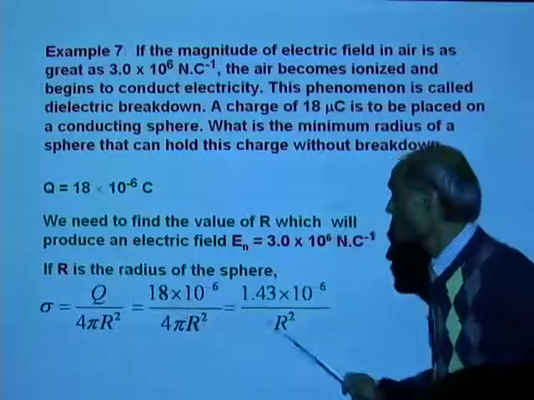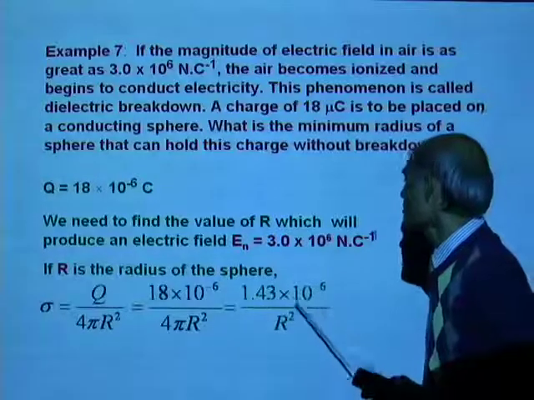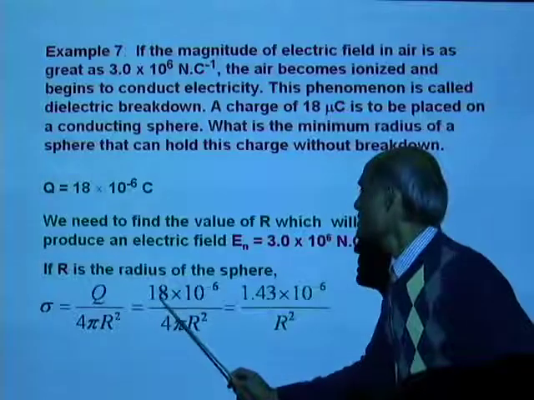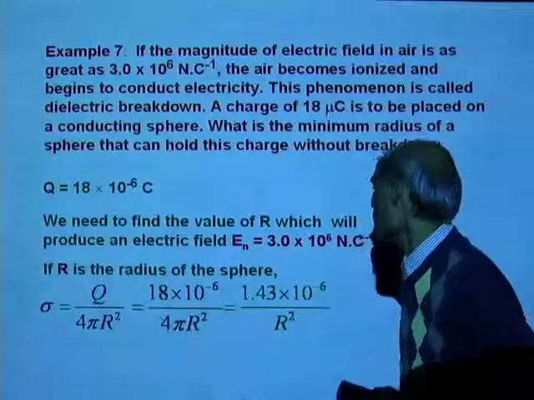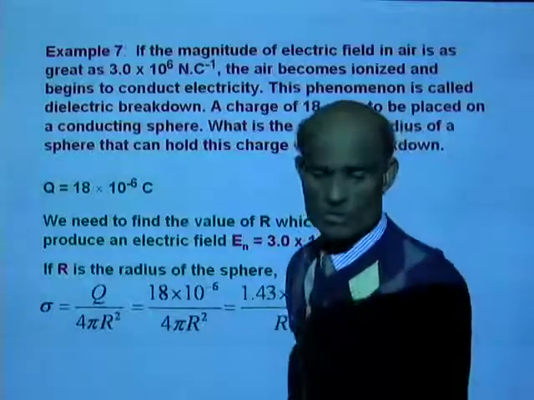Well, I simplified this and I wrote it as 1.43 times 10 to the negative 6 divided by r squared. In fact, 18 divided by 4 pi, is that correct? Take a look.